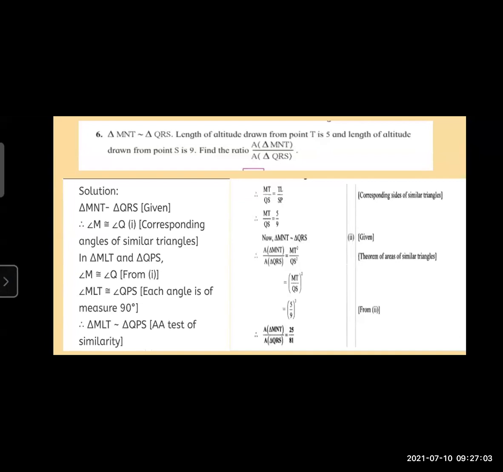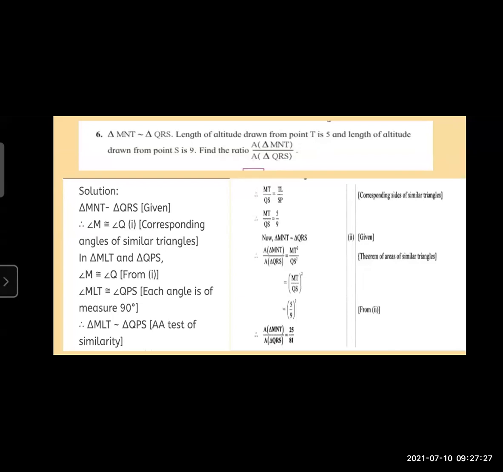Then we take their corresponding sides. From this we get the ratio MT by QS is equal to 5 by 9. Then we apply the theorem of area of similar triangles, square it, so we get the ratio of the area of triangle MNT to triangle QRS is equal to 25 by 81.